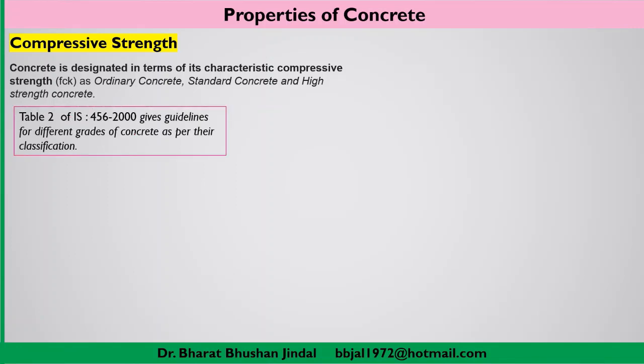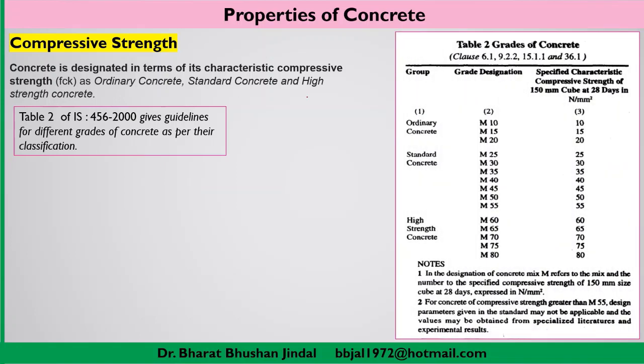Now, for all this information you can refer to table number 2 of IS 456-2000. This table will give the guideline for different grades of concrete as per their classification. So this is table number 2. You can go through here. In table number 2 in IS 456, grade is mentioned.